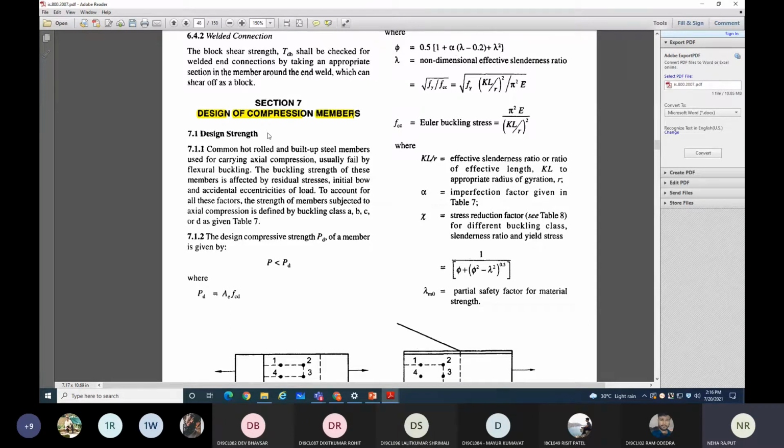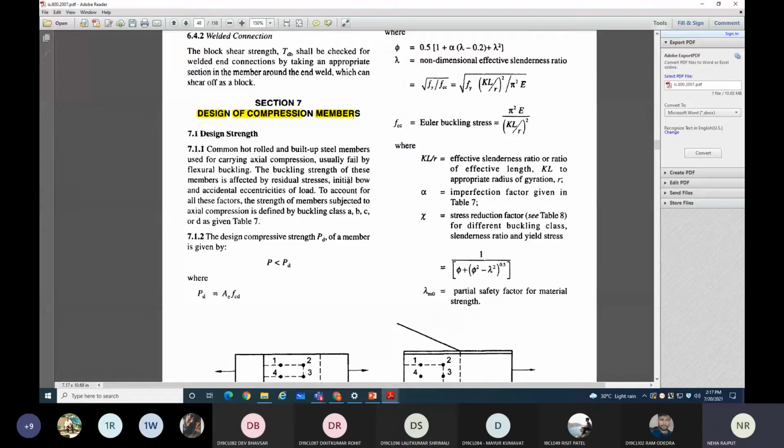Right. So in the analysis part, you have gone through the chapter on column and strut in your syllabus, in your curriculum, where you find out the critical load, P critical, that means the load carried by the column, by Euler's method or by Rankine's method.